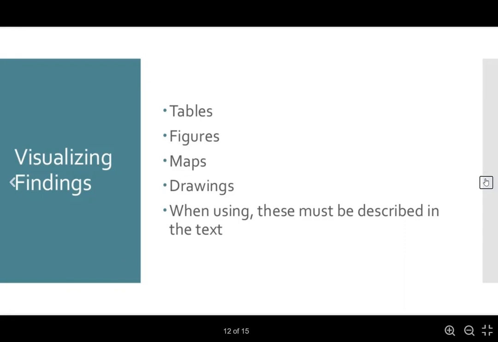As far as figures go, I've seen these used to describe how you analyze your data, particularly with thematic analysis. There are figures in that original manuscript that explain the 6 steps. So that may be a helpful tool as well. And then as far as maps and drawings, if that's appropriate for your study, or you have found a creative way to incorporate that, then I think that is always great to include as well.